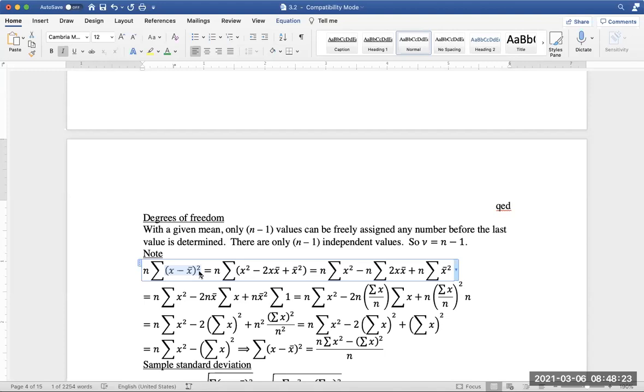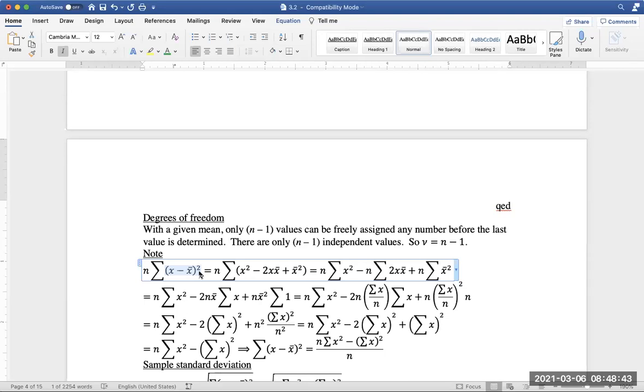So hopefully when you first saw these in junior high, it was emphasized that you will need to know these special product formulas because they're very useful and they're used a lot.